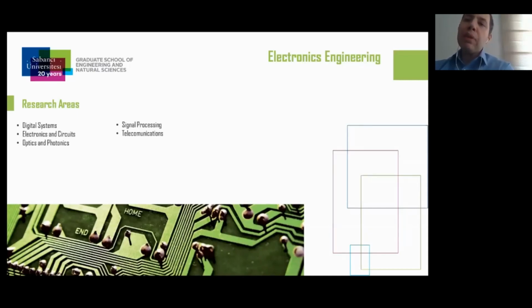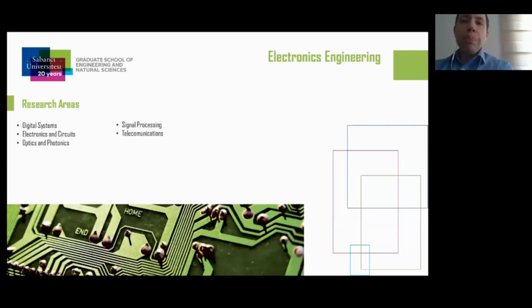And when we look into these different domains, just like the example I've provided, it includes research in the domain of digital systems, electronics and circuits, primarily analog electronics, microelectronics, as well as transistor level circuit design and also device design, which includes both semiconductor devices and microelectromechanical or nanoelectromechanical devices and systems.